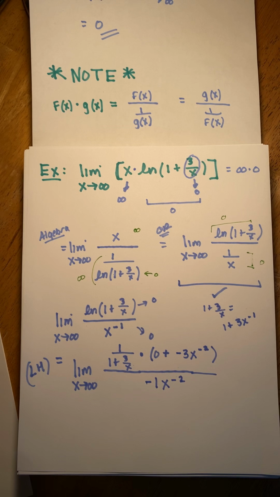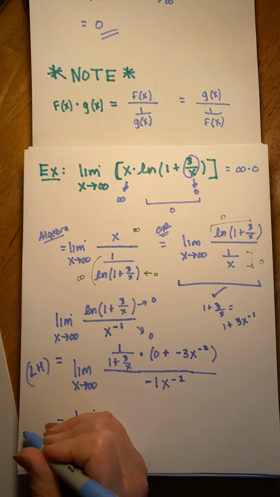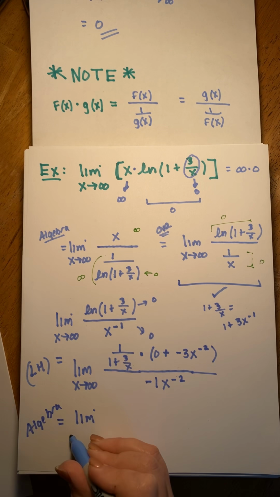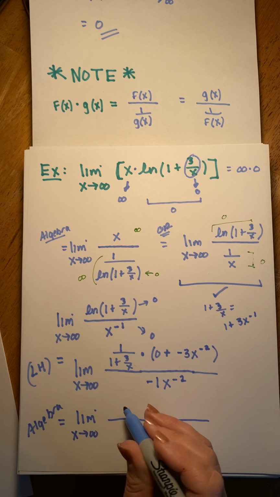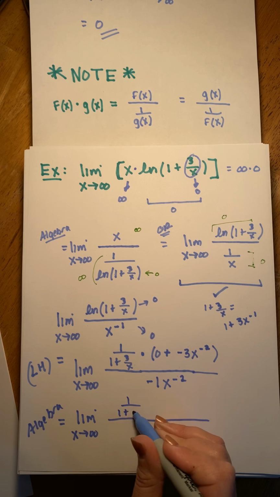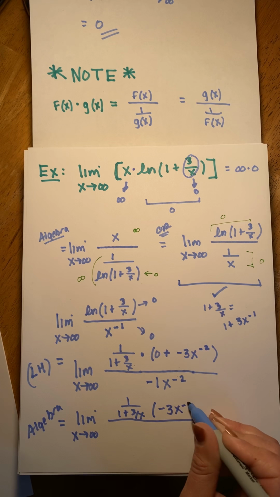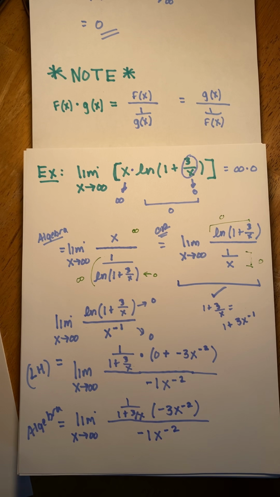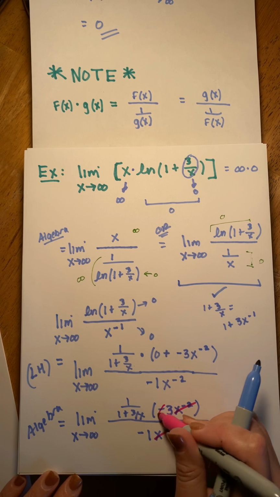All right, so you might look at this and say, oh, goodness. But it's really not that bad. I'm just going to clean it up a little bit. This is 1 over 1 plus 3 over x times negative 3x to the negative 2, all over negative 1x to the negative 2. And if you notice, these guys cancel out, and so does that negative.